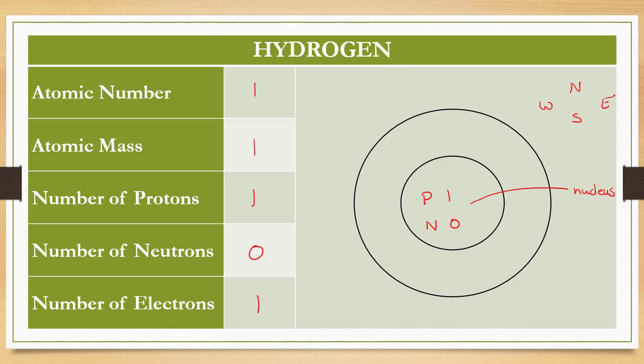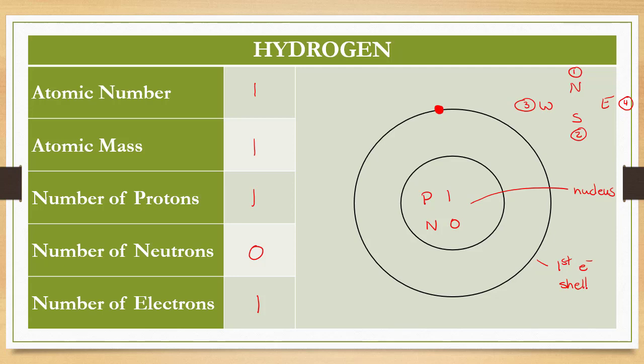And when we draw our electrons, we draw our first electron in the north position, our second electron in the south position, and our third and fourth electron in the west and east position respectively. So because hydrogen only has 1 electron, I will draw in a dot here to represent that 1 electron. And remember, this ring here is our first electron shell.